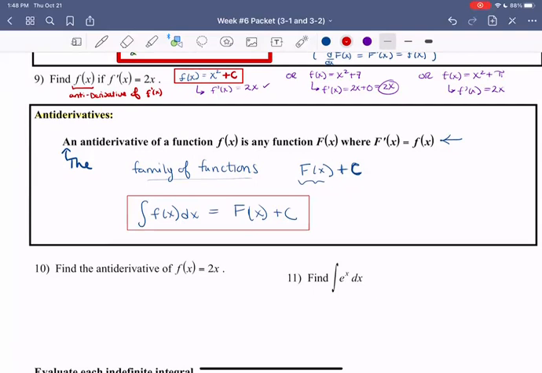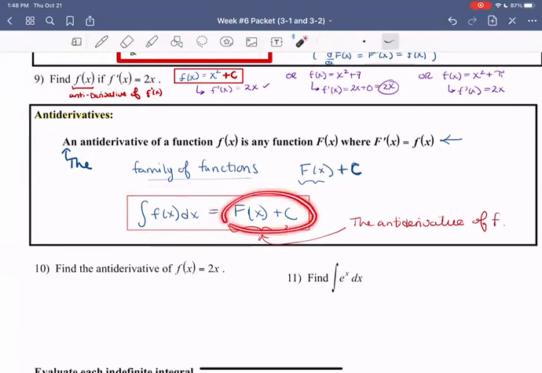And so just in language, we'd say this is the antiderivative of little f. So here it is on the left in notation, and here it is our resulting antiderivative.